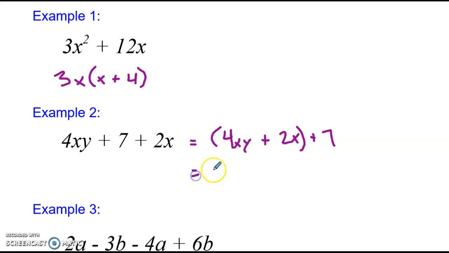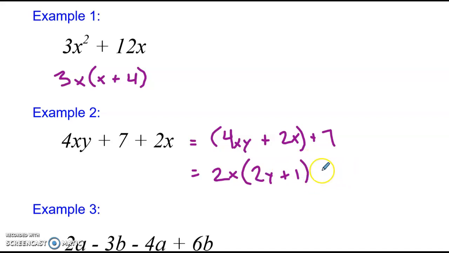So there are 2 parts here I can factor, right? 4xy and 2x do have common factors. So if I look at this and ask what's common to these, well, I can factor out a 2x. They're both divisible by 2. There's 2 x's. I factor out the 2x. And then I'm left with 2y plus 1.